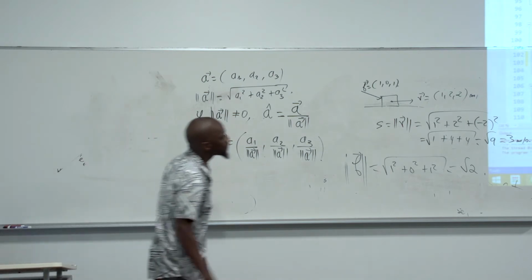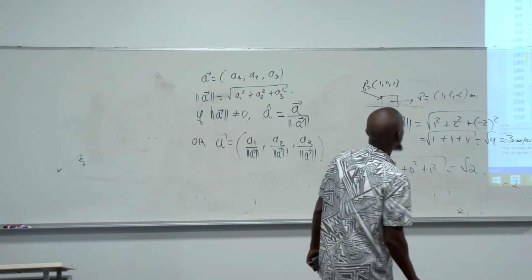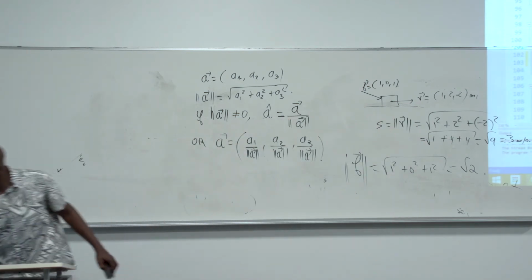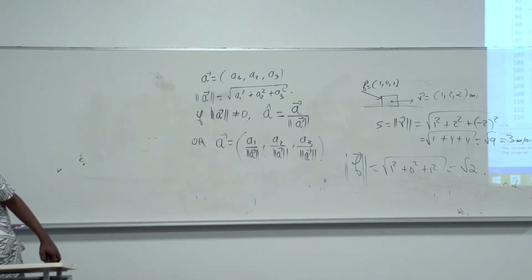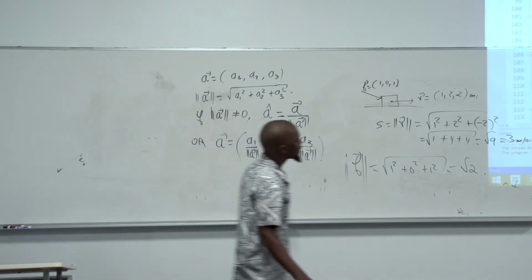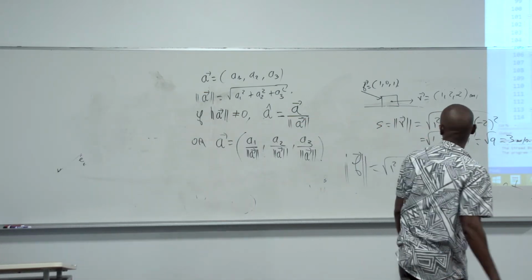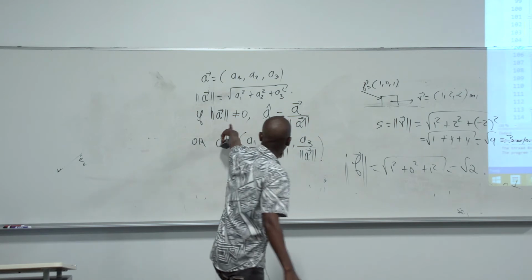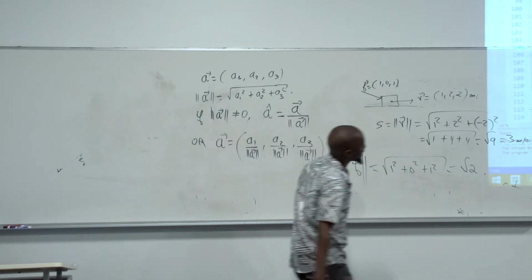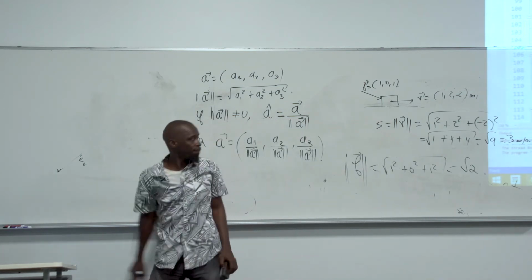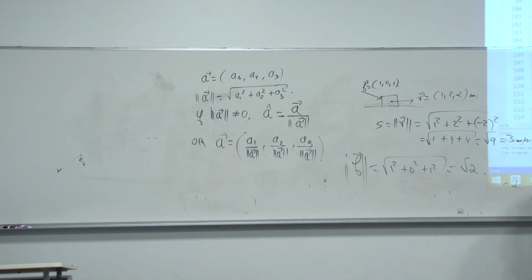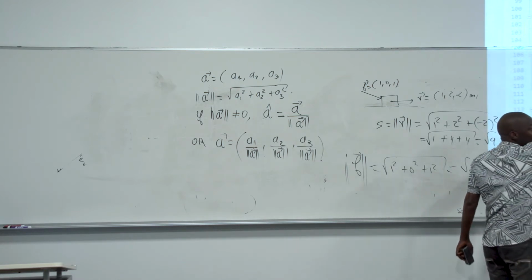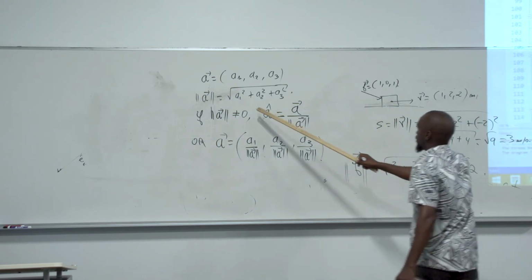All right, guys. So where is it? I have my function here. What you see here is what you have. Guys, it's going to be the first component squared.